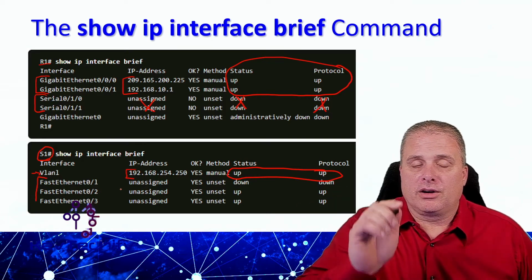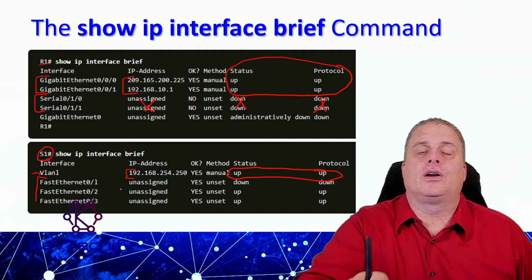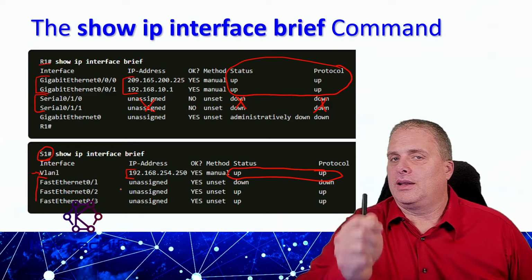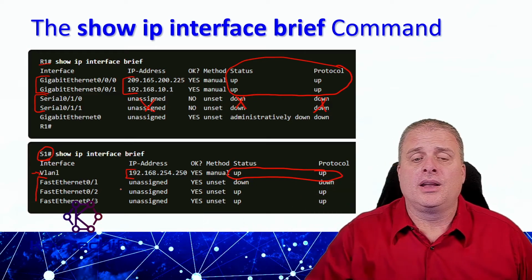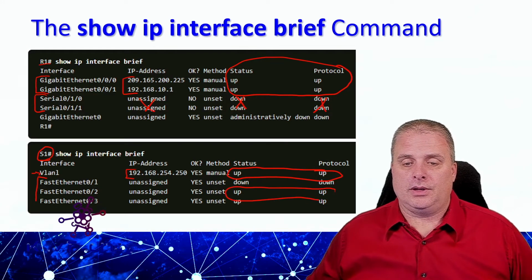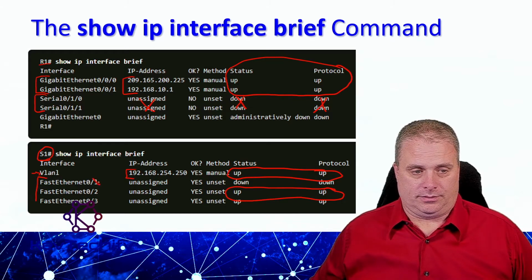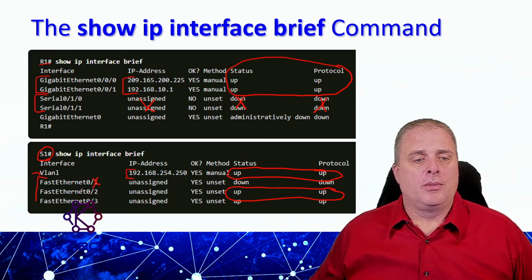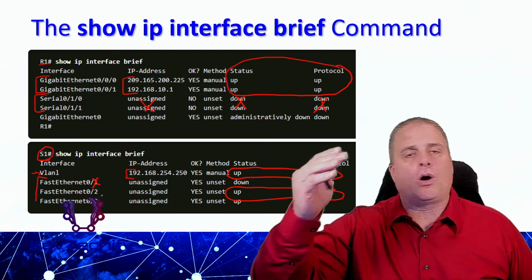But if they're configured correctly, as trunks or access ports, and you have a wire connected into that and the other end of that wire is connected into a device that has an active port on the other end, you should be able to get up and up for your device settings. In this example, I would assume that there's nothing plugged into FastEthernet 0/1 because it says down and down, but FastEthernet 0/2 and 0/3 have something plugged into them and we've got them set up, and it'll go all the way through that.